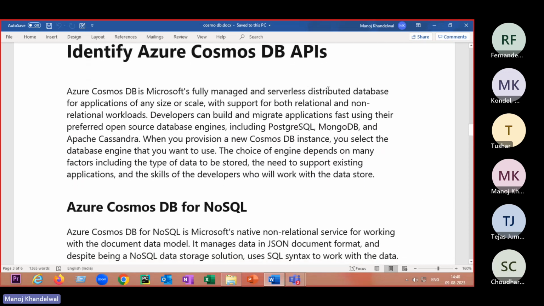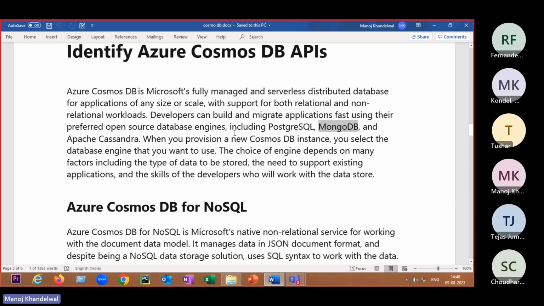And it's a serverless distributed database for applications of any size or scale with support for both relational and non-relational workloads. Mostly people are using Postgres SQL, MongoDB, Apache Cassandra. These are the database engines.